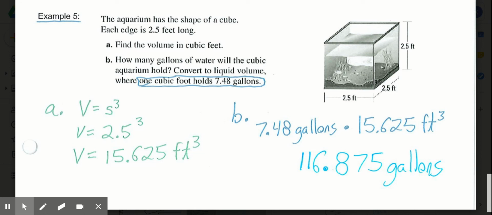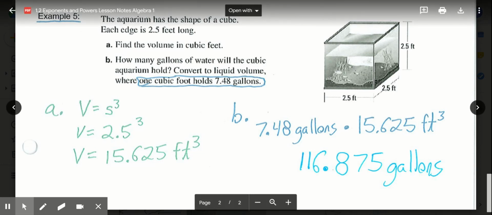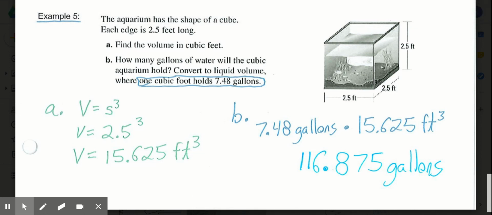And then in part B, they're asking us how many gallons of water will the cubic aquarium hold? Convert to liquid volume, where 1 cubic foot holds 7.48 gallons. So if I had a 1 cubic foot aquarium, it would hold 7.48 gallons.